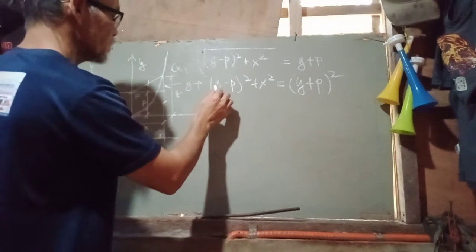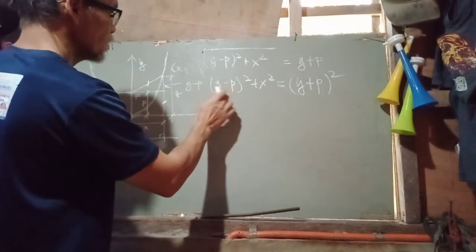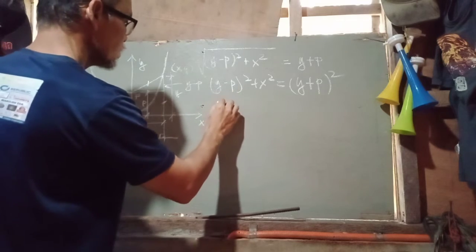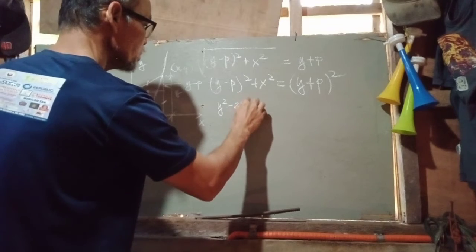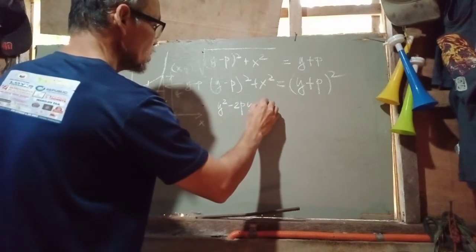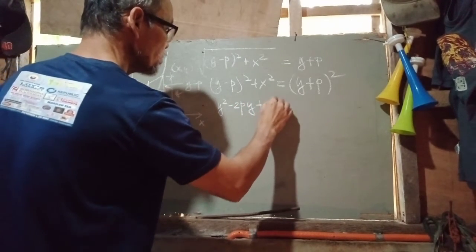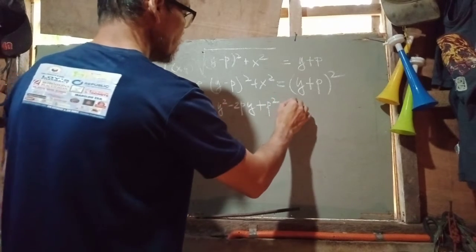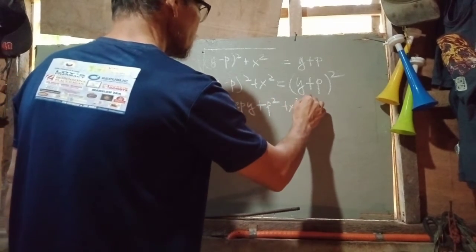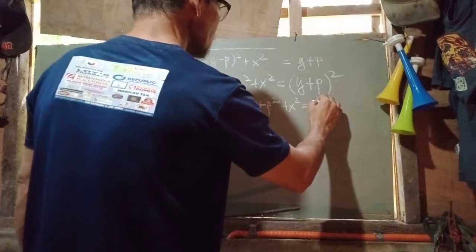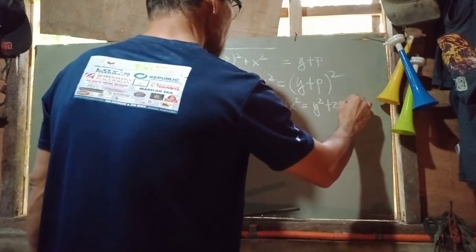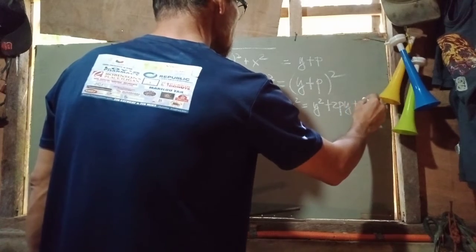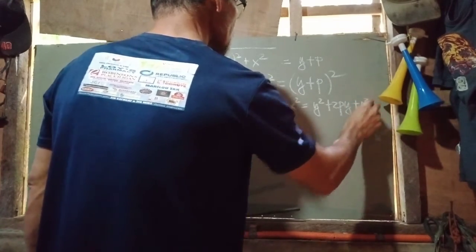We have to expand this one, so it becomes y squared minus 2py plus p squared plus x squared equals y squared plus 2py plus p squared.